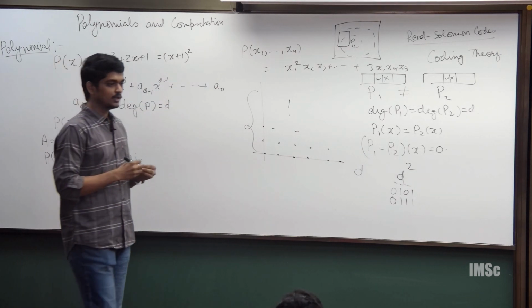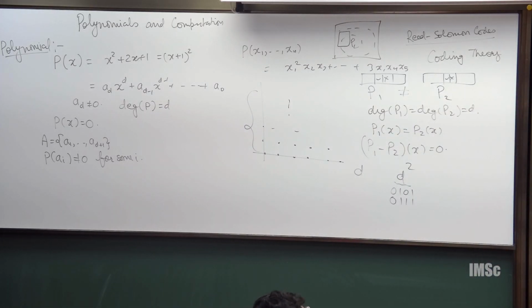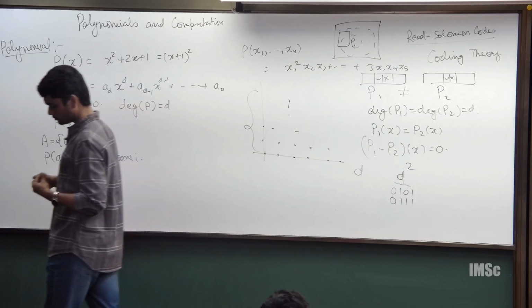For example, CDs and DVDs are really old now, but they also used to do the same thing. They would encode the data using codes, and sometimes DVDs used to get really scratched, and still they worked. It looked very miraculous, and all of it has to do with codes.